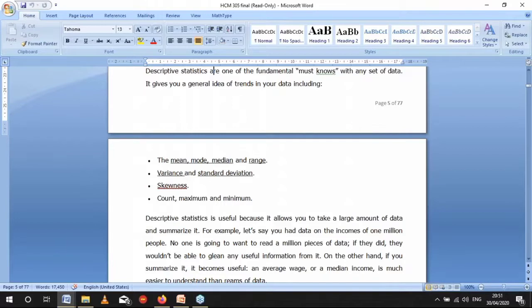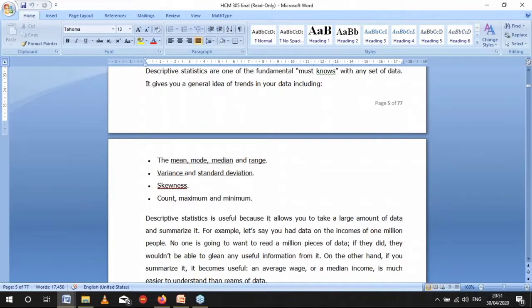Then when we talk about median, as the name implies, it is the mid value of all observations in a set of data. That is, the number that falls in the middle of the set of data is your median.